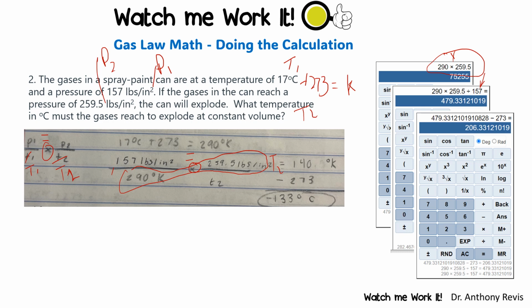So we punch that through, we get this number on the calculator, and then we subtract the 273, and we don't get this solution because, again, math got in the way here. So math got in the way, but the answer should be 206 here. How many sig figs to start with? Looks like 2 or 3, actually default to the pound, so 3 sig figs, and that would be in degrees C. So that's how you work it.